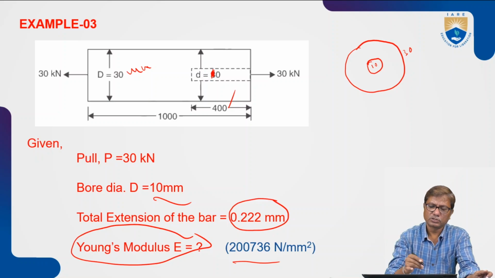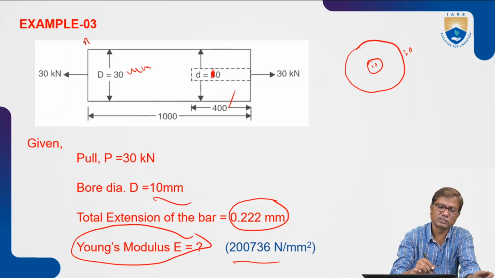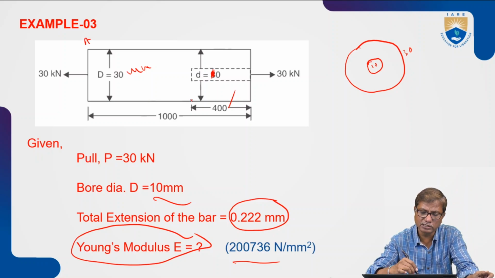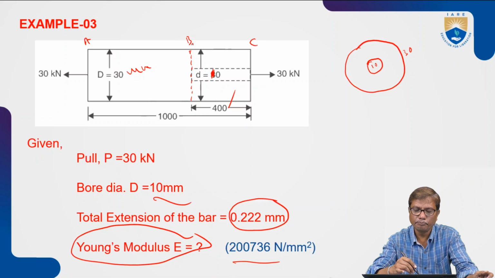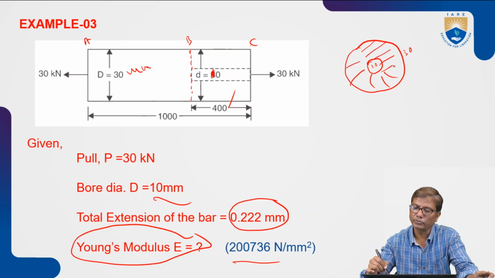Okay. So for this case, we consider two portions AB and BC. B is taken at the end of the borehole. That means from B to C, the cross section is 30 mm bar with the 10 mm borehole.